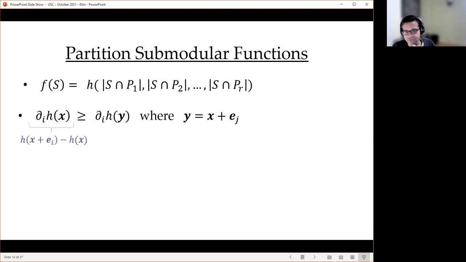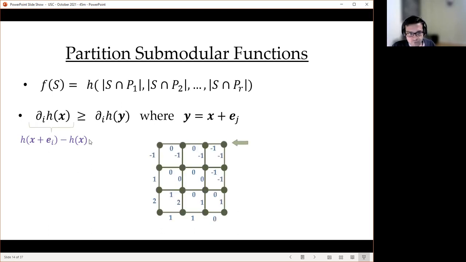A pictorial way of thinking about this: I'm going to show a picture for r equal to 2, because two-dimensional things are easier to draw. So r is equal to 2, and it's a very simple function. Each of these parts has size 4, so P1 is size 4, P2 is size 4, and I'm looking at the function value. This picture is indicating what the h function is.